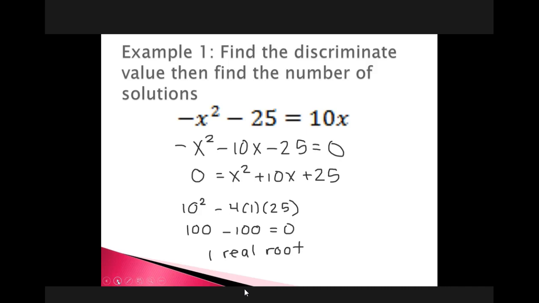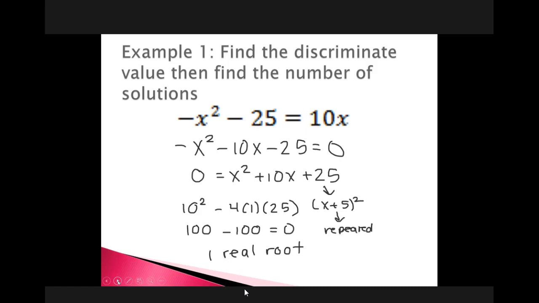That tells me that this factors as something that is a repeated root, meaning this is going to factor as a perfect square trinomial. So that's x plus 5 squared. That's why you only get 1 root, because it is what we call a repeated root.